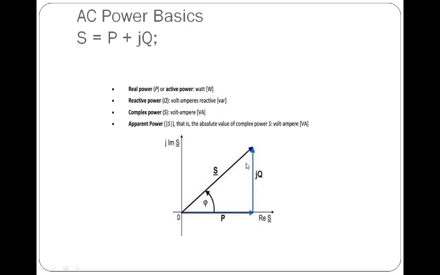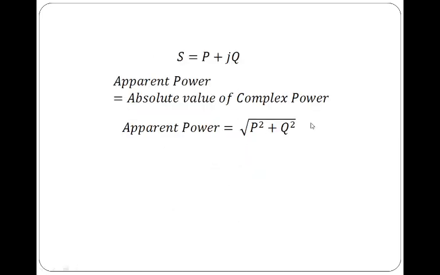So this S, which is the modulus of the complex power, now represents the apparent power. To get the modulus of S here, we find the square root of the sum of the squares of the real part and the imaginary part.